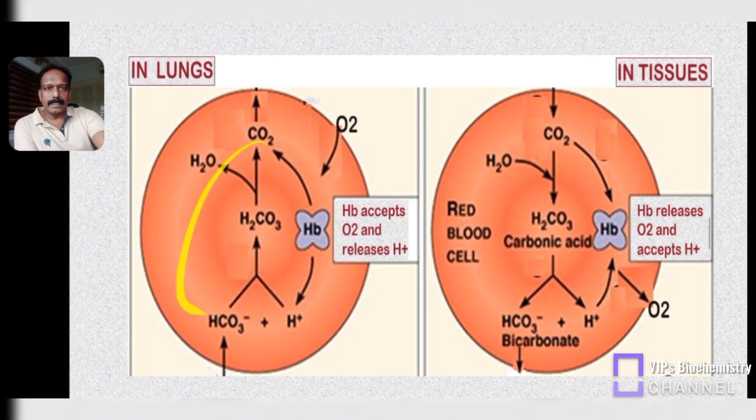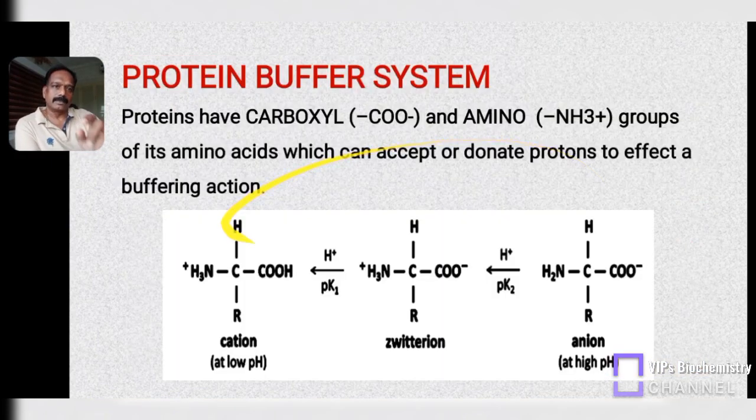So whatever happened in lungs, the H+ released becomes HCO3 and carbon dioxide is released through lungs, and in tissues the carbon dioxide is accepted from tissue. The entire process reverses, and H+ is accepted by hemoglobin to become HHB. So this is how hemoglobin functions as a buffering system in blood. You can go through the entire process and study it yourselves.